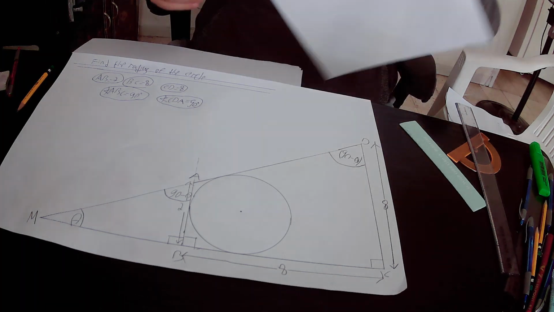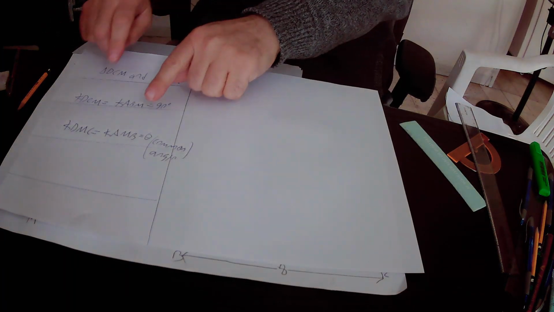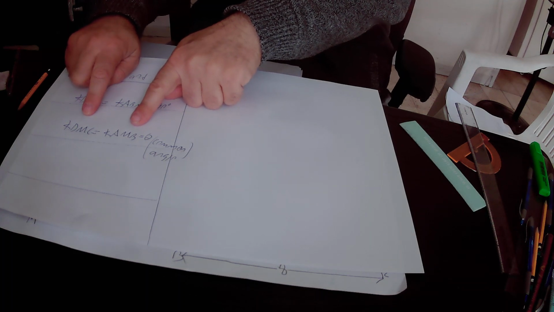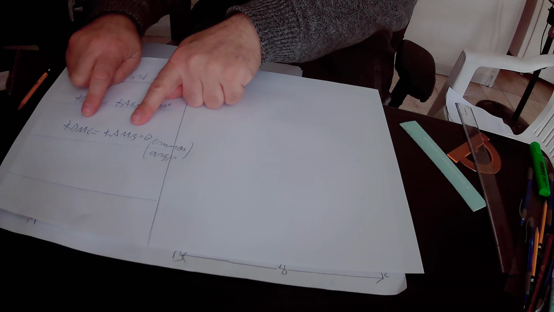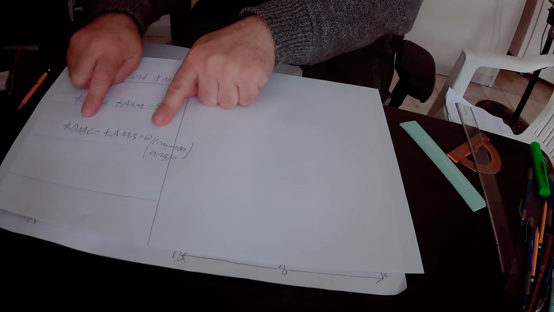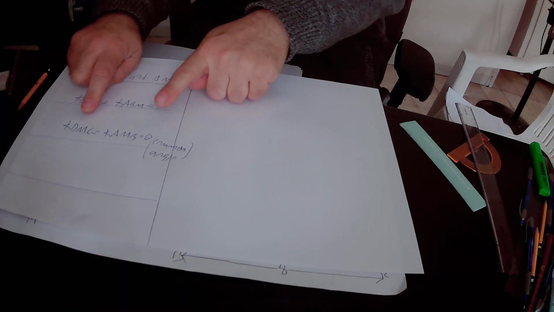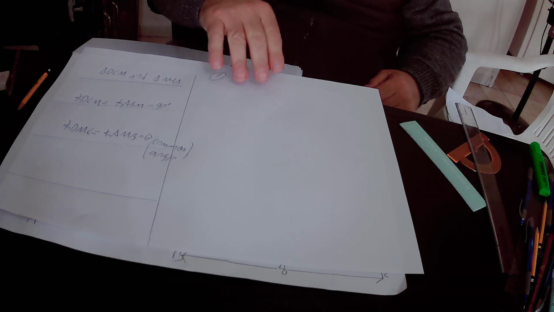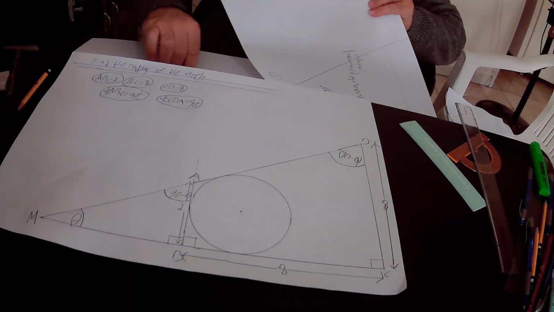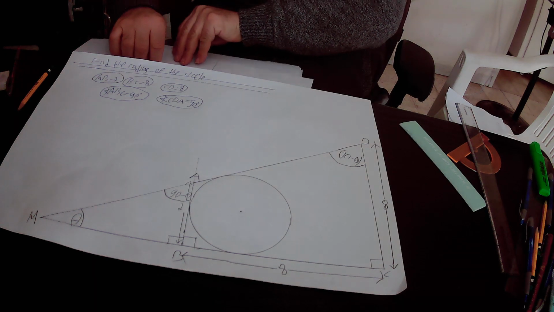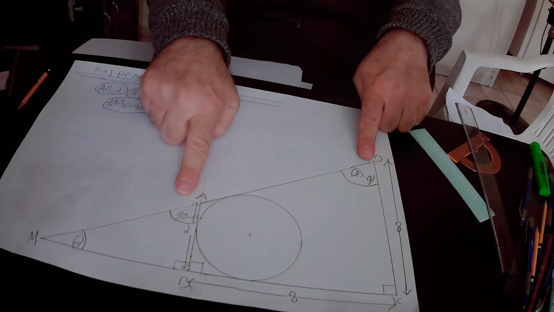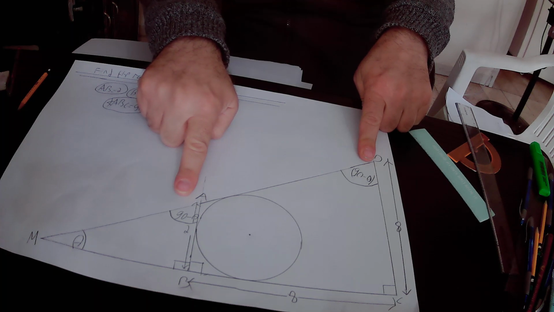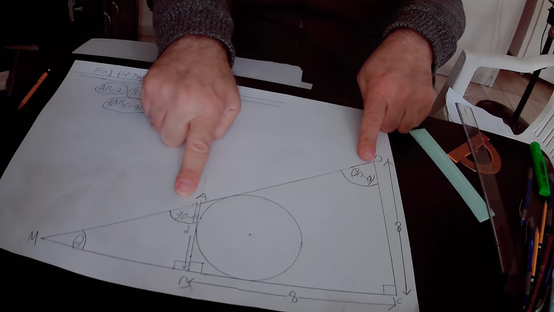I repeat again. This equation means that angle theta equals itself. We just call angle theta two different names. Angle theta equals itself is a common angle that belongs to both triangles. And finally, those two angles are both equal to 90 degrees minus theta, therefore they are equal to each other.